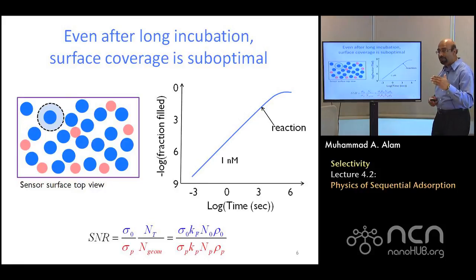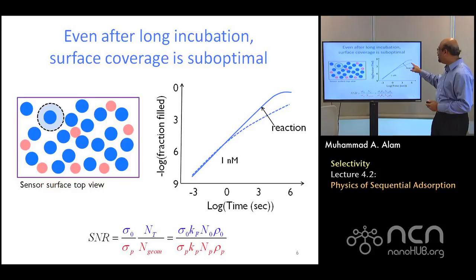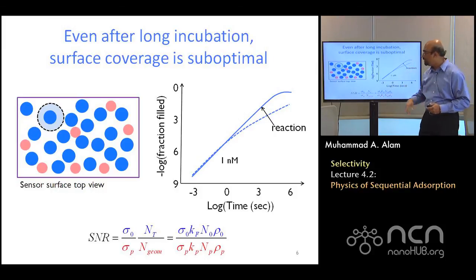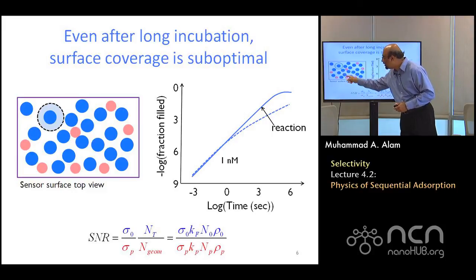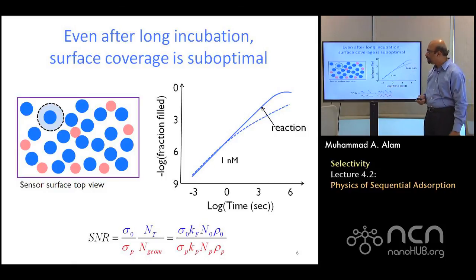If it were dominated by diffusion, the blue molecules coming from the top and slowly landing on the sensor surface, diffusing through the fluid, then it will take even longer to reach this 54%. So reaching this 54% requires a long incubation time. And if you do not wait till that time, there will be a lot of empty spaces where the red parasitic molecules can sit. And that is something we do not want, right? So this is something we want to avoid.